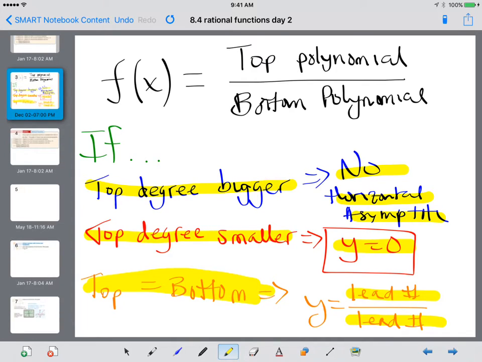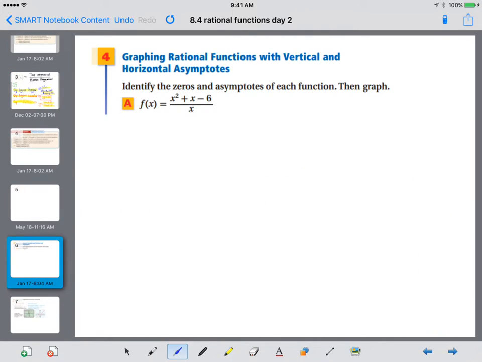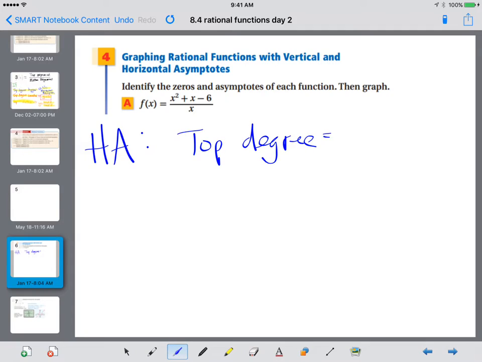Let's dive into a couple of examples here. So we've learned how to identify the zeros and the vertical asymptotes. We're just going to focus on the horizontal asymptote to start here. So for the horizontal asymptote, we need to look at the degrees. The top degree, which is the highest exponent, is 2.